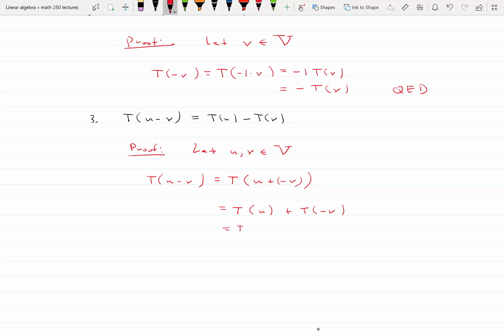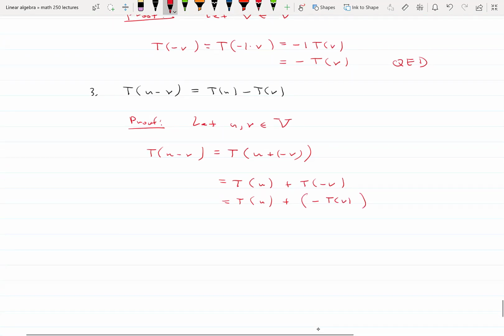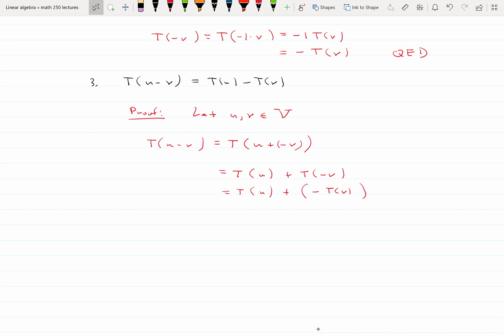But we just finished showing that t of the opposite of v is the opposite of t of v. Now we're adding up two vectors in the vector space W. T of u plus the opposite of t of v. The definition of that is t of u minus t of v, QED.